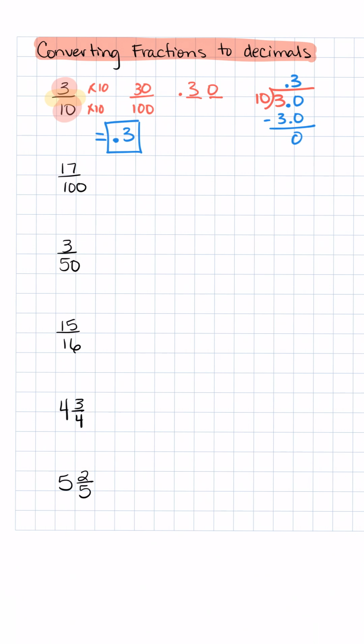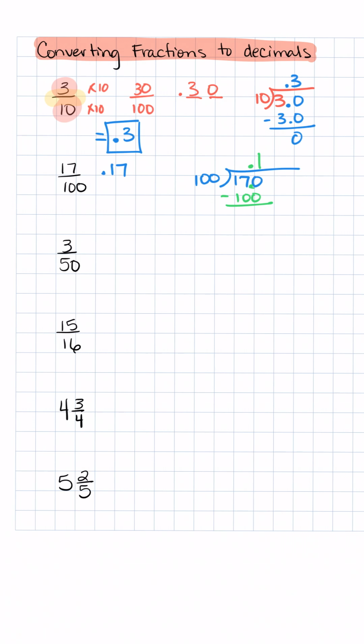Okay, so same for this. This one is over 100. So thinking about the hundredths place, it should equal 0.17. But let's go ahead and divide it out just to be sure. 100 cannot go into 17, so we're going to add a decimal point and a 0. 100 can go into 170.